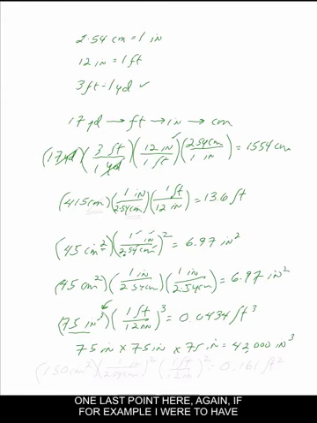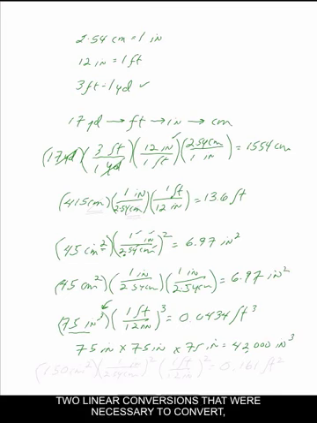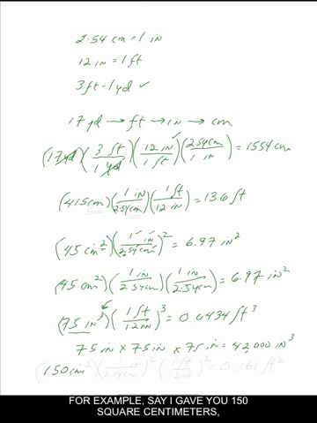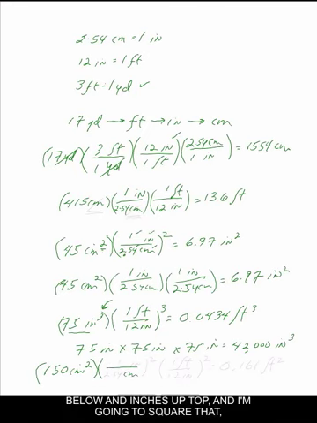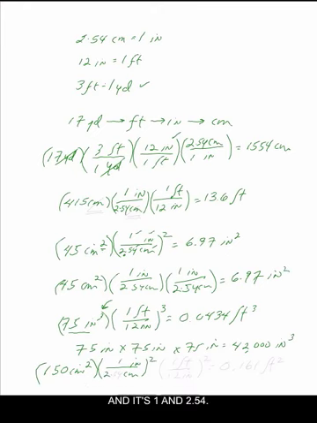One last point here, again, if, for example, I were to have 2 linear conversions that were necessary to convert, say I gave you 150 square centimeters, and the question was, how many square feet is that? I have to square both conversion factors. In other words, I would start out by, again, having centimeters below and inches up top, and I'm going to square that, and it's 1 and 2.54, but if the question is feet, then again I write 1 foot over 12 inches, and again I square that one.